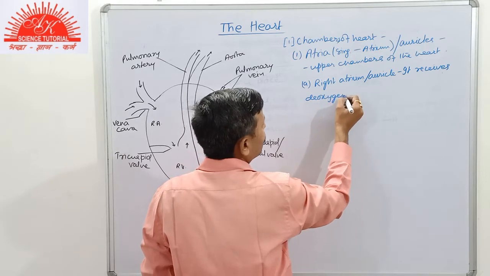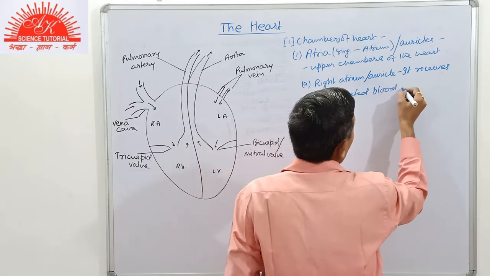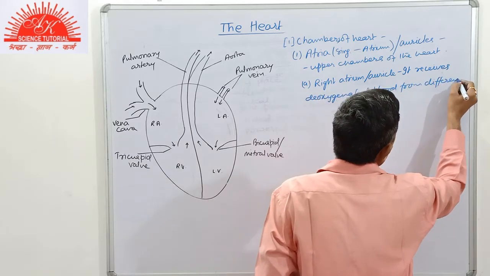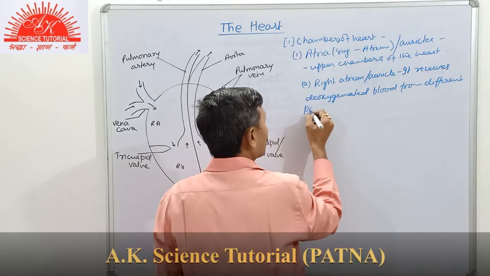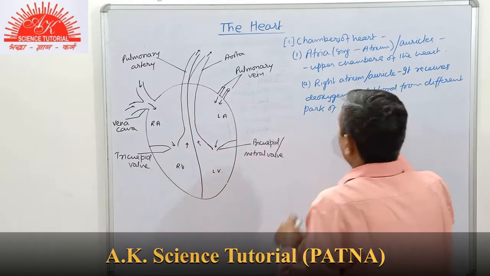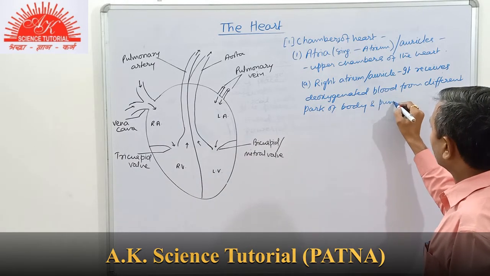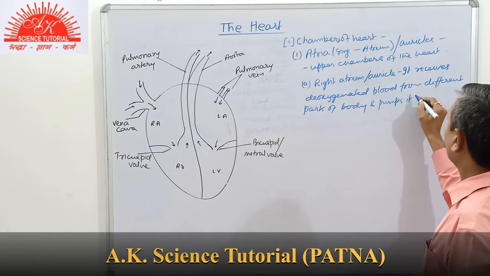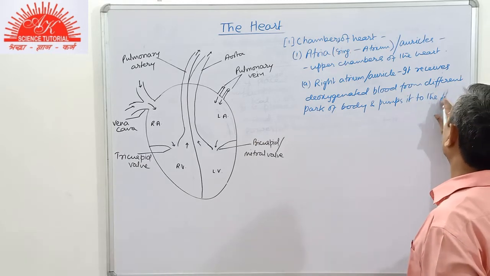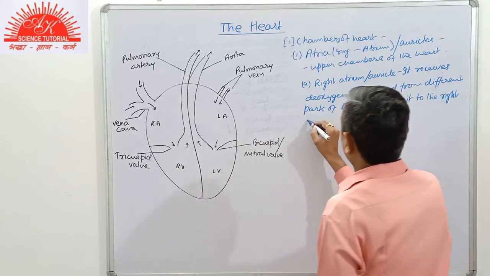It receives deoxygenated blood from different parts of the body and pumps it to the right ventricle.